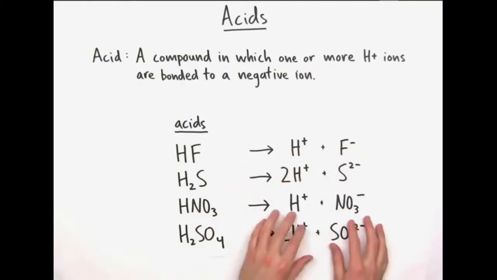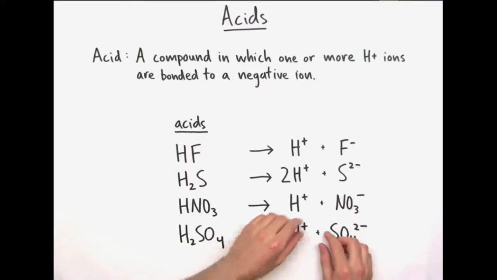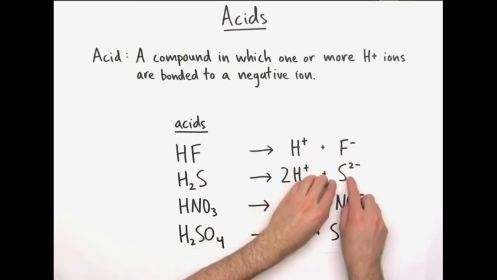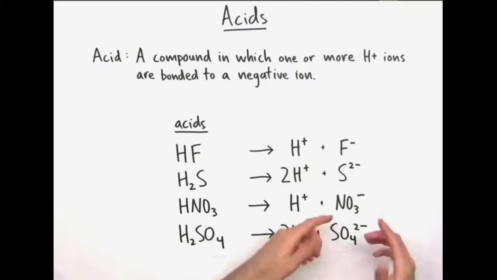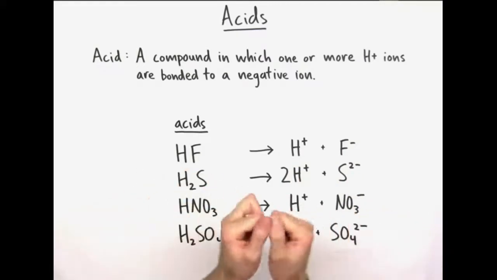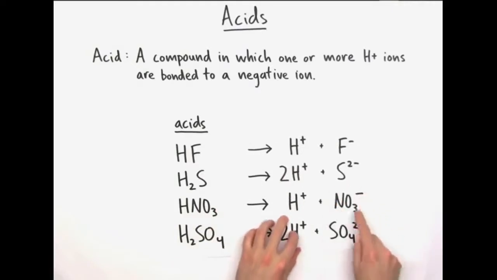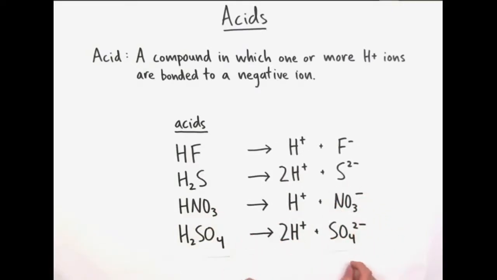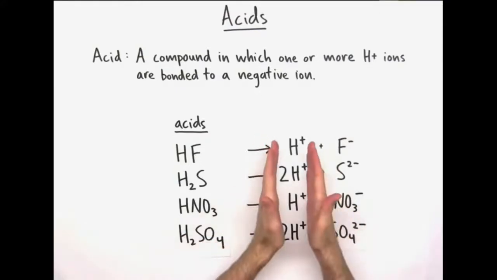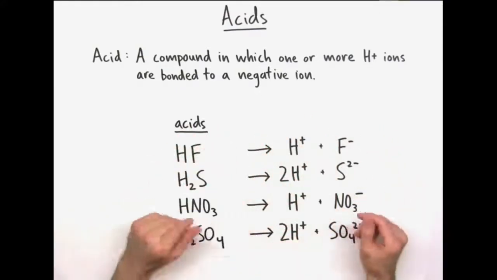Some of these negative ions are individual elements like F- or S2- here. Other ones of these negative ions are groups of elements that together have a charge. These are polyatomic ions like this one and this one. Now, just like in any ionic formula, the positive charge and the negative charge has to balance out.